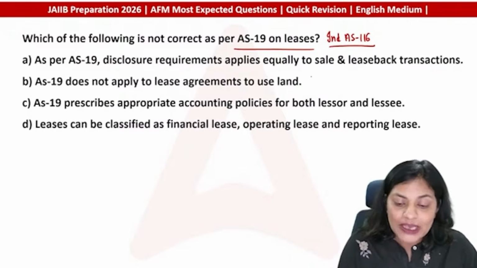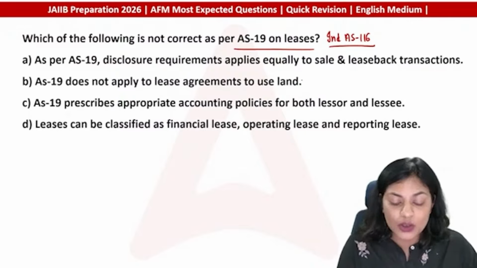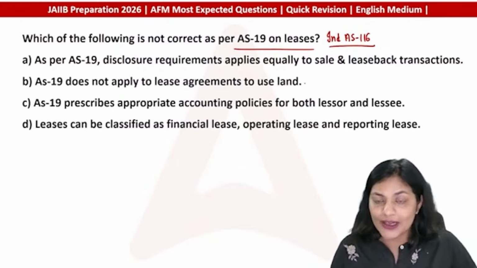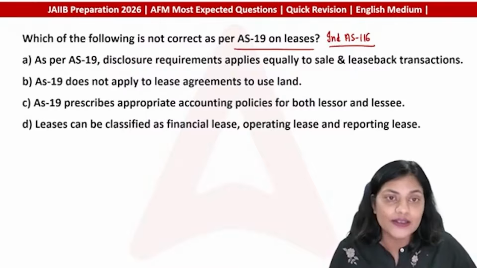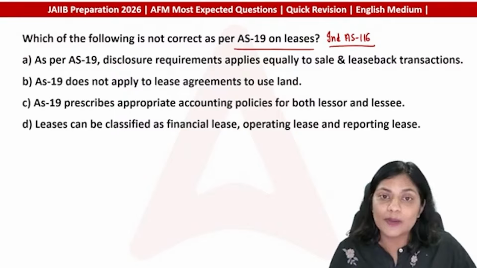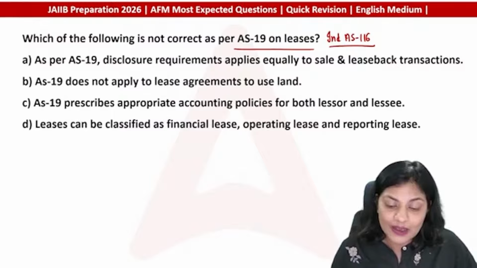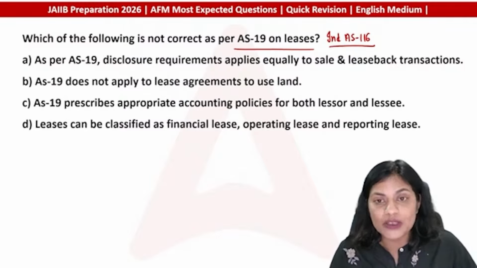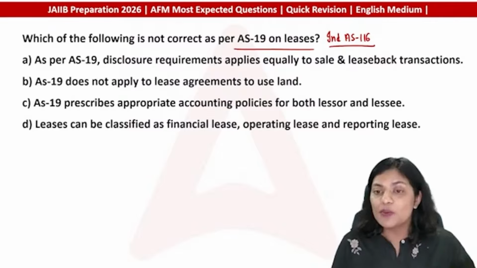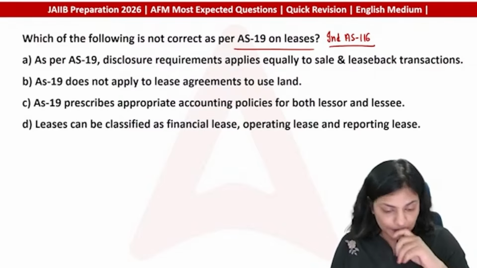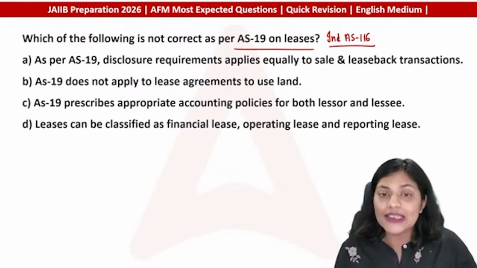Then AS 19 does not apply to lease agreement to use land. That is also correct. Accounting standard 19 specifically clears this requirement that it will not apply to use of land. Then it prescribes appropriate accounting policies for both lessor and lessee. Yes, there are separate accounting treatments in the books of lessor and lessee. But the lease can be classified as operating, financial, and reporting.